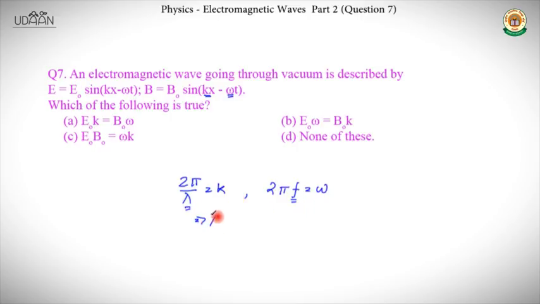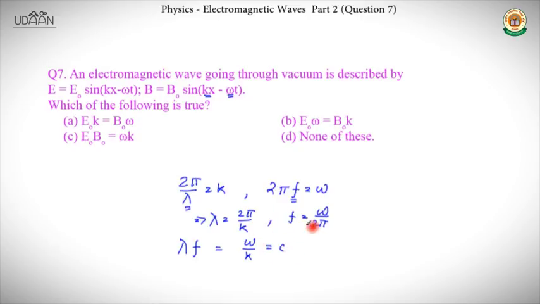So we have λ equals 2π/k, and f equals ω/2π. We know that the speed of light, or of any electromagnetic wave, equals λ times f, the wavelength multiplied by the frequency, which comes out to be ω/k equals c.